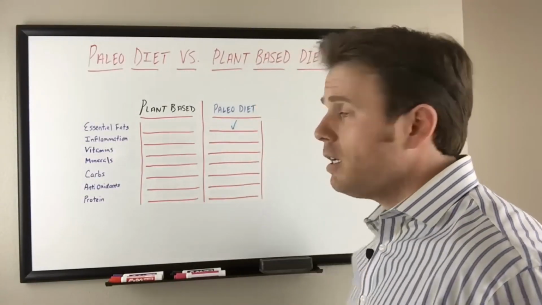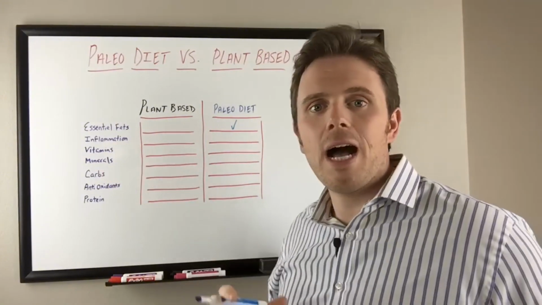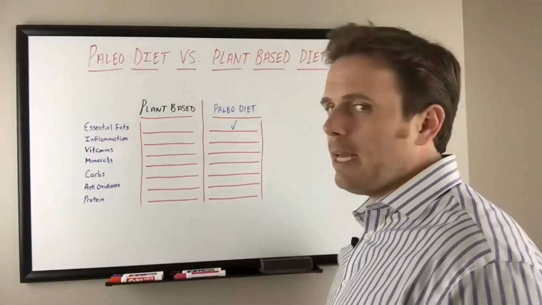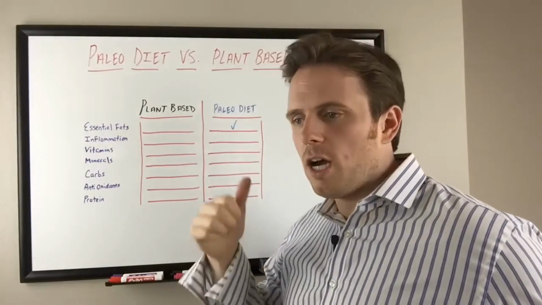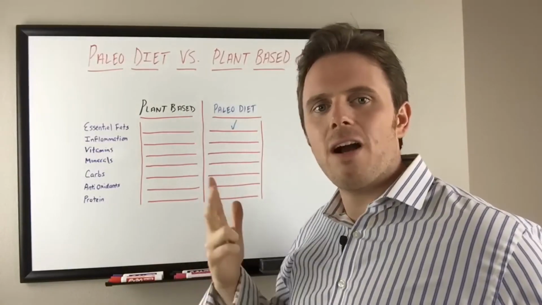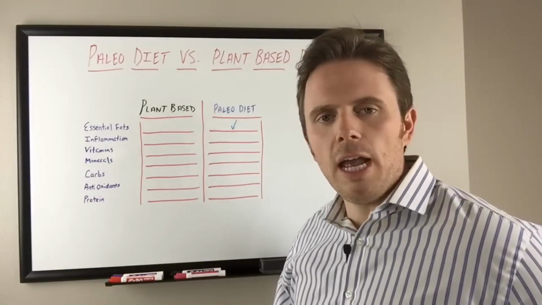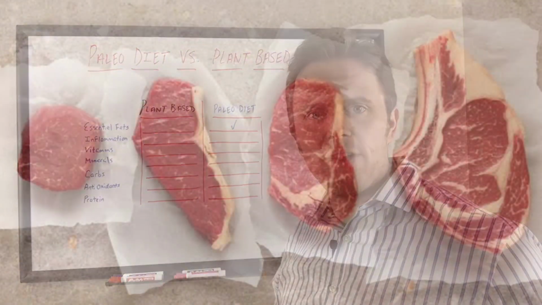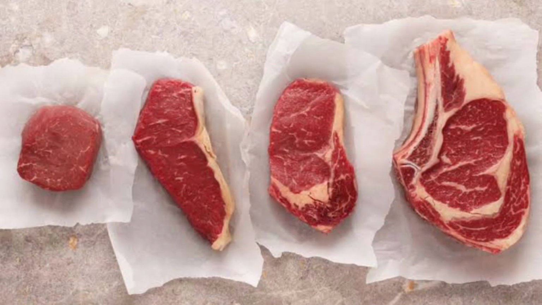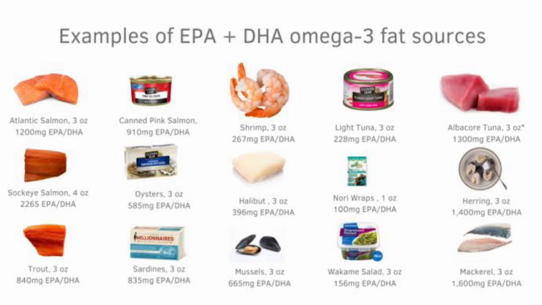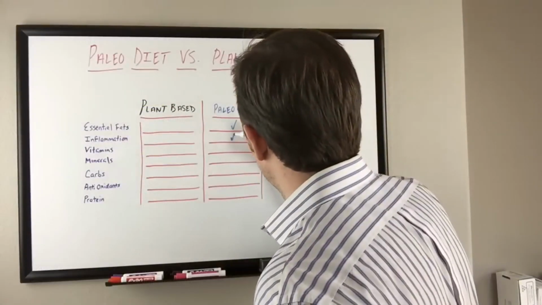Now, plant-based inflammation. If we're eating paleo foods, cutting out grains, legumes, and extra sugar, and eating grass-fed meat and extra fish, all these EPA fats, we're going to be reducing inflammation significantly.